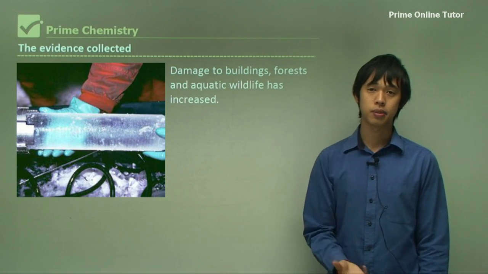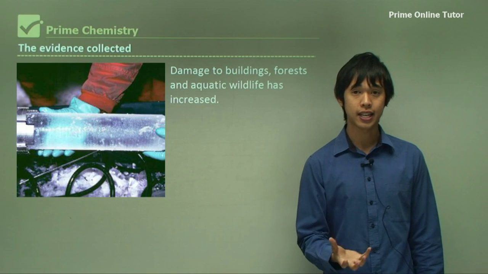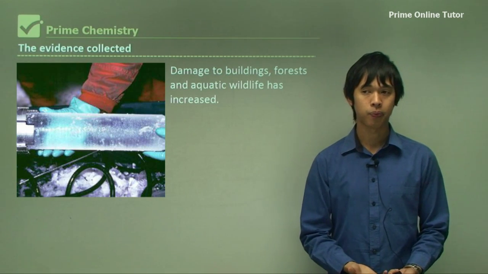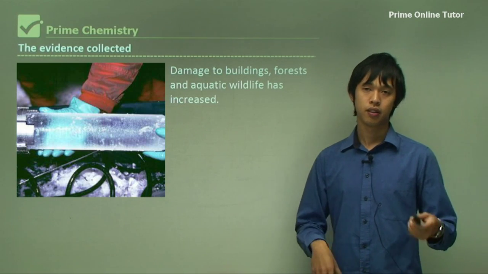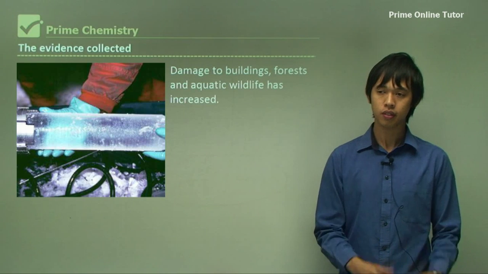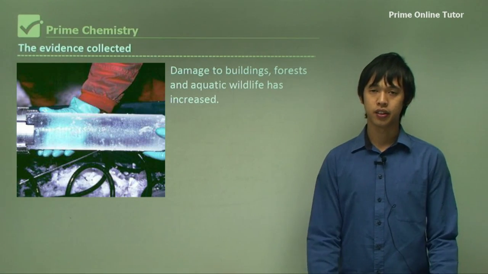The reason is that limestone is made of calcium carbonate, and when it reacts with acid, the acid dissolves that calcium carbonate. So you can see the damage of acid rain on buildings, particularly old limestone buildings. That's one piece of evidence to say that the acidic oxides are increasing.